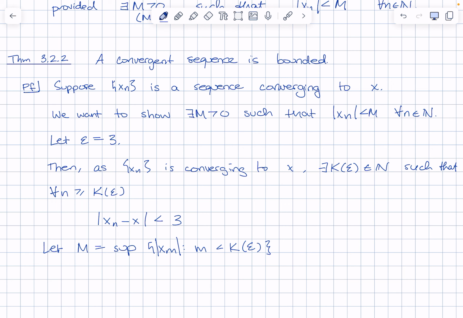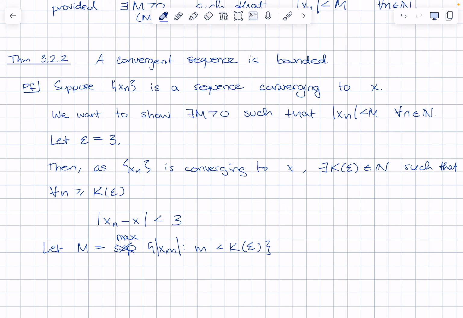So here, we can just say the max. The difference is the sup might be outside of our set, while the max has to be inside the set.